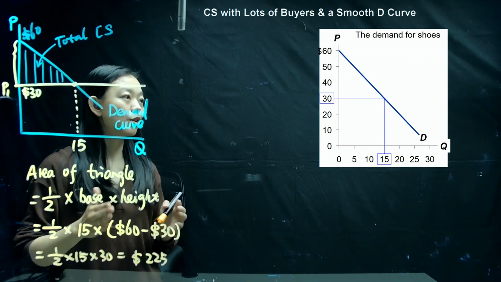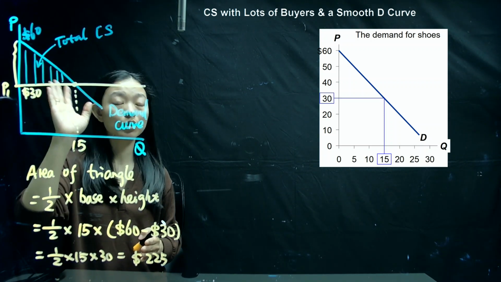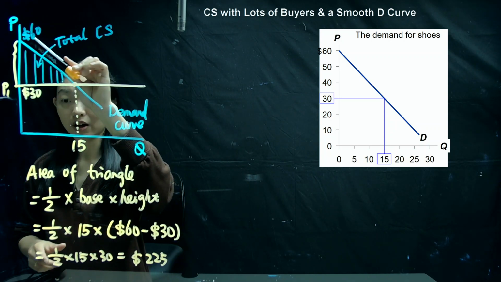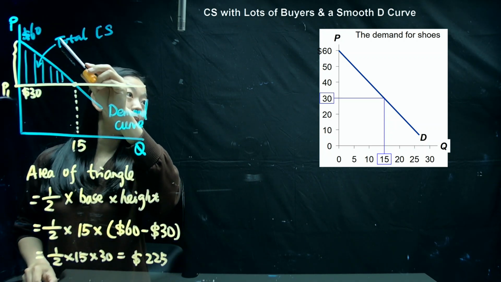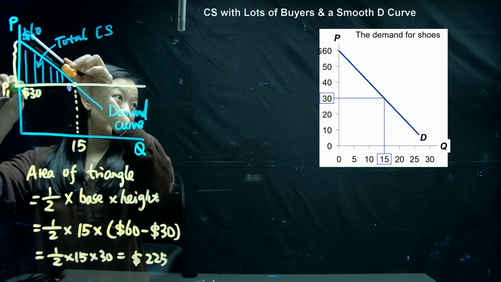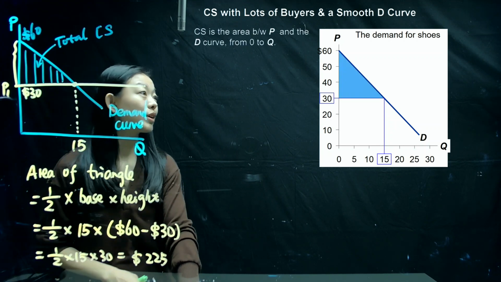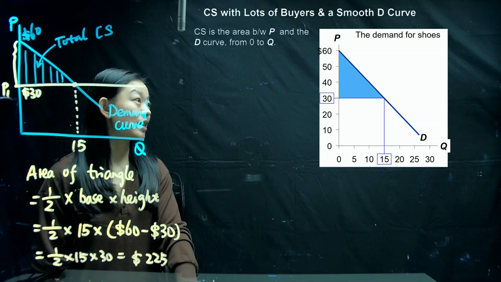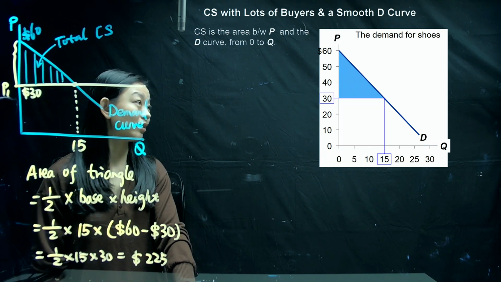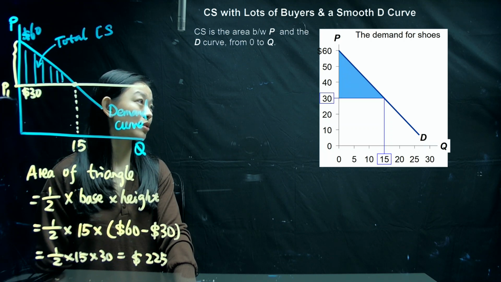Okay, so this is the way that we can compute total consumer surplus. It should be the area below this demand curve and above the market price. Okay, it should be this triangle here. So you can see consumer surplus is the area below the demand curve and above the market price.